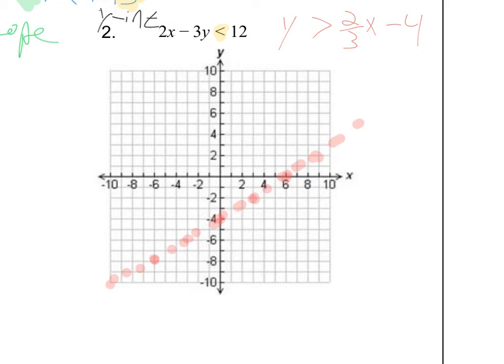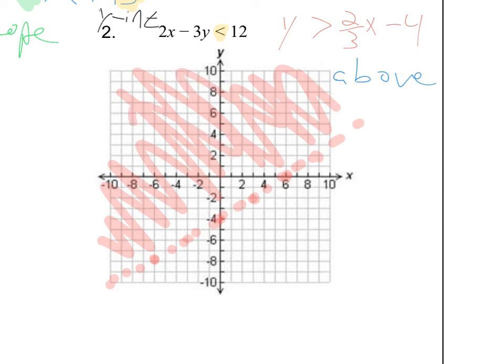Also, since this symbol is a greater than, that means we're going to have to shade above our graphed line. If I ever need to know which way is above, I'll pick a random spot on the line and look up. So up here is going to be above my line. To the best of your ability, just shade all that in.